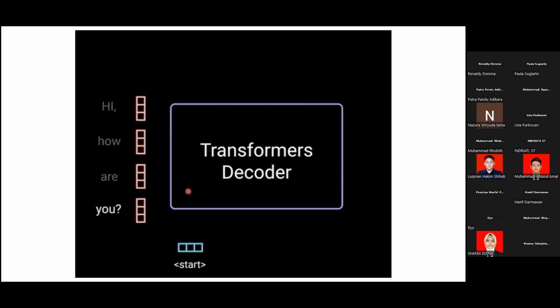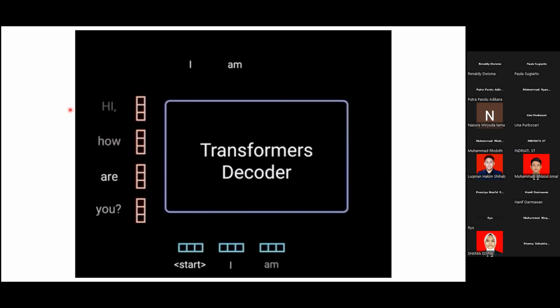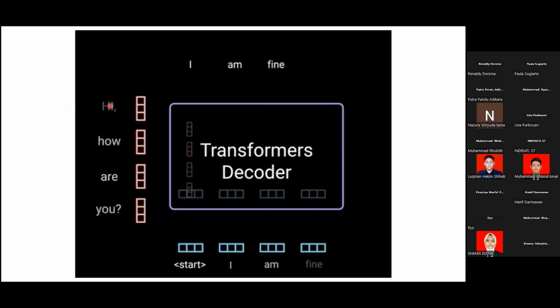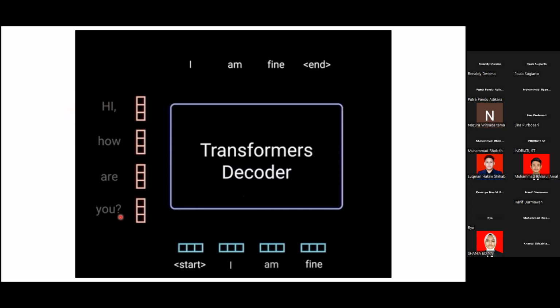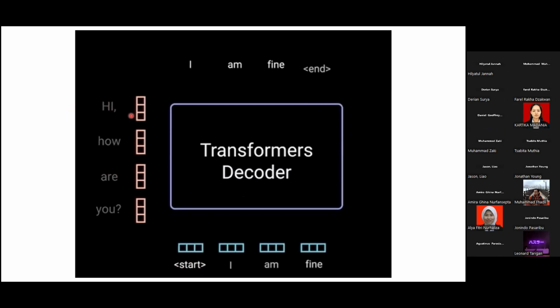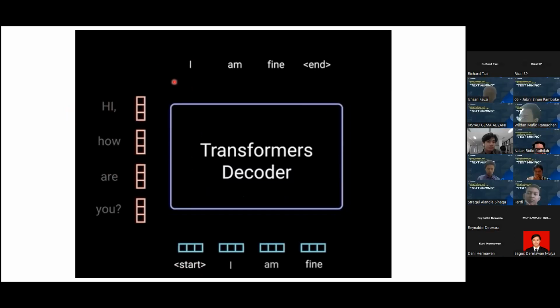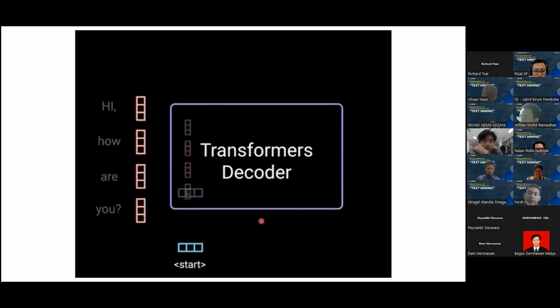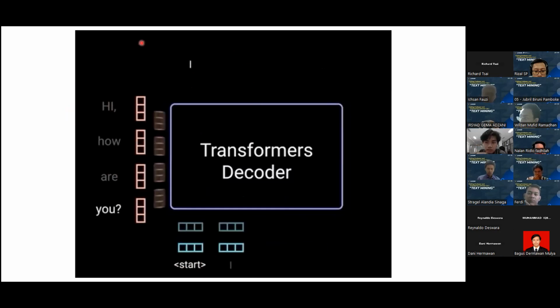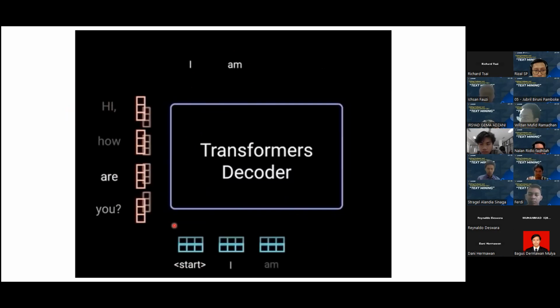So in this animation, we can see that when we feed "Hi, how are you?" into the encoder, then we generate start, and then we use the first 5 to generate I, and then use the first 6 to generate am, and use the first 7 to generate fine, and the end.